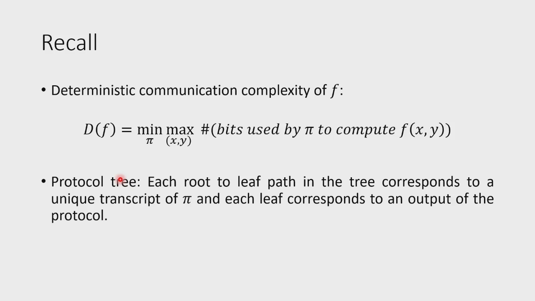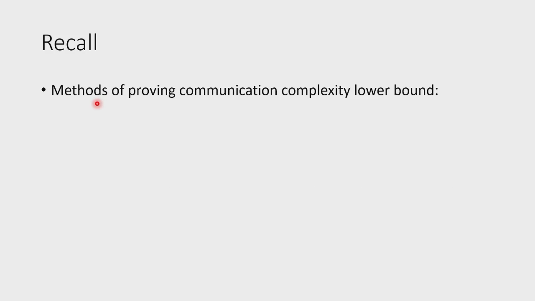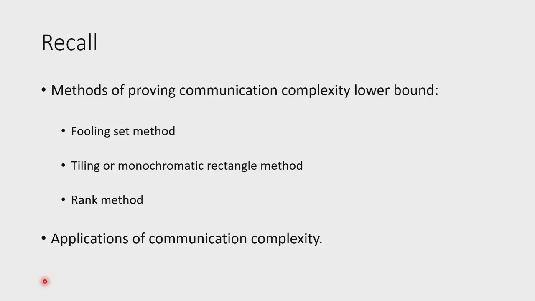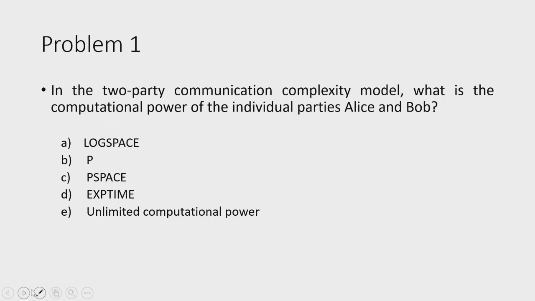It's a directed binary tree with edges directed away from the root, so a root-to-leaf path makes sense. Then we saw methods of proving communication complexity lower bounds: the fooling set method, the tiling or monochromatic rectangle method, and the rank method. We also saw some applications, but I won't recall these because we don't have any questions related to them. If this is fine, we can move on to the problems.